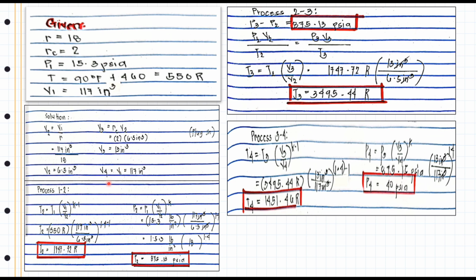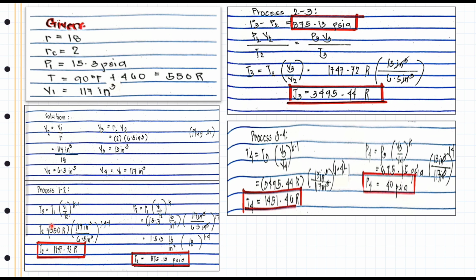And for our V4, V4 is equal to V1, which is 117 cubic inches.